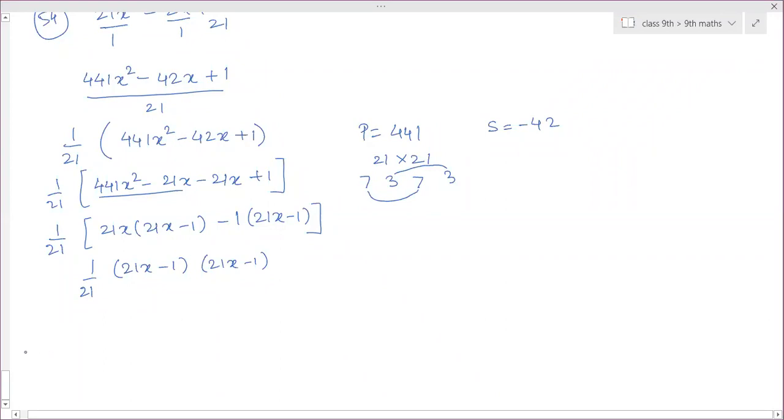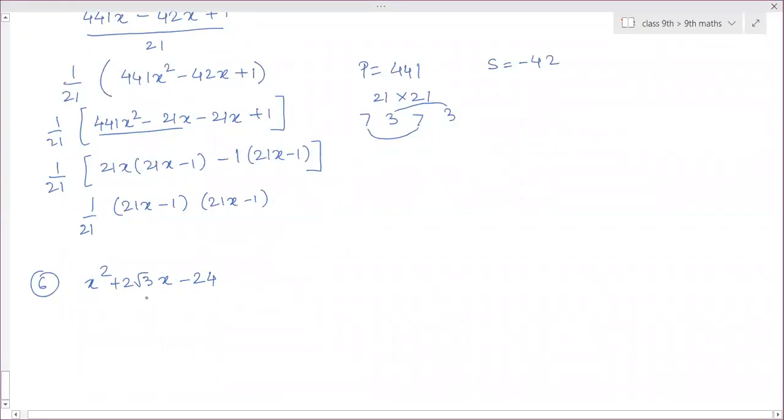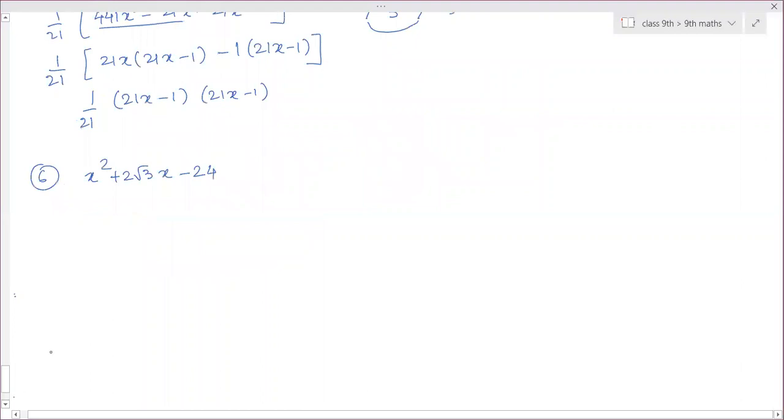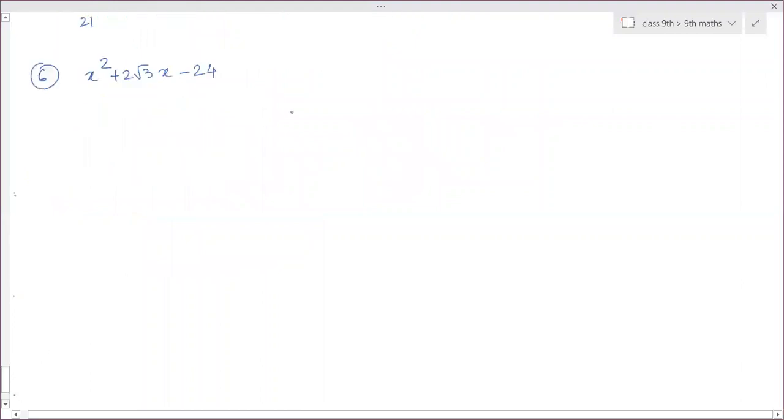Question number 6, consider x square plus 2 root 3x minus 24. So here, what is the product needed? Minus 24. Product is minus 24 and as the product is negative, the difference of the two numbers is equal to 2 root 3.